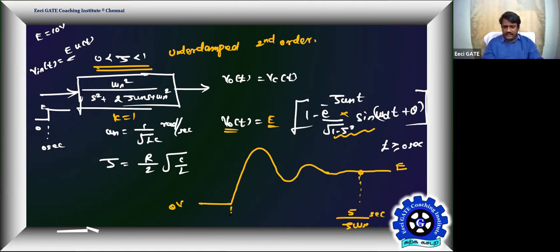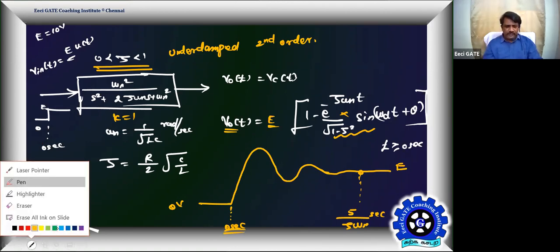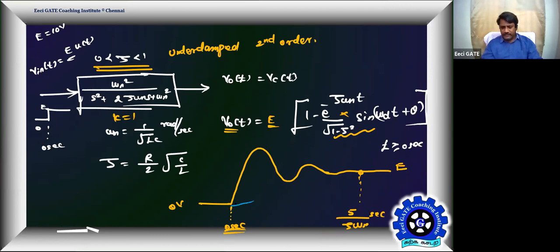So this is your transient part, from 0 second after giving the step change. This is how the system is going to react if it is underdamped. And you know very well, if it is critically damped, it is going to be something like this. If it is overdamped, it is going to be even slower, with zeta greater than 1; this is zeta equal to 1.